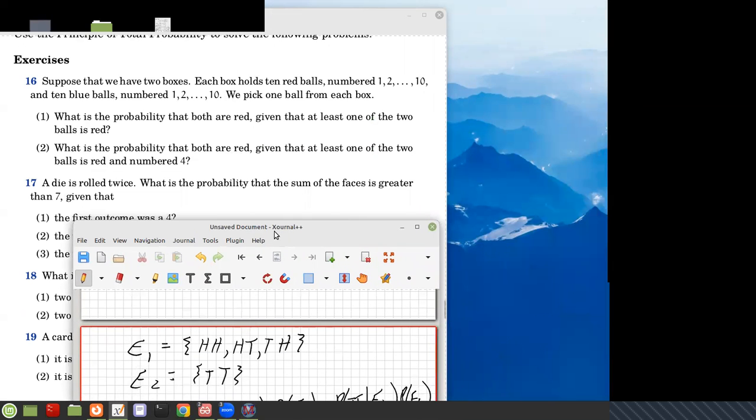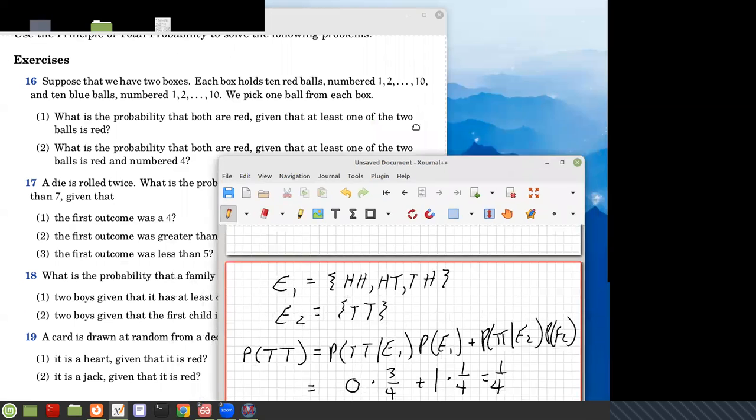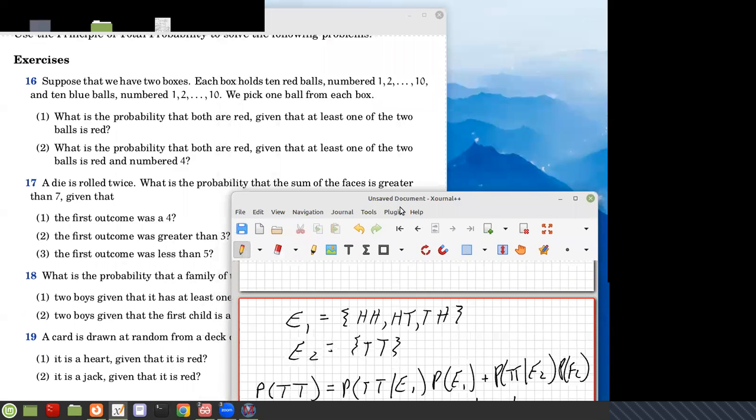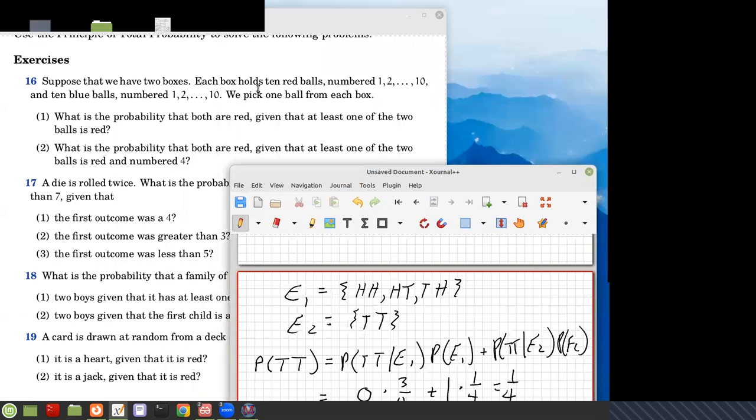Okay, this is a little bit more involved problem. So let's at least try to understand it, and then we'll work on it. Suppose that we have 2 boxes. Each box holds 10 red balls numbered 1 through 10 and 10 blue balls numbered 1 through 10. We pick 1 ball from each box.